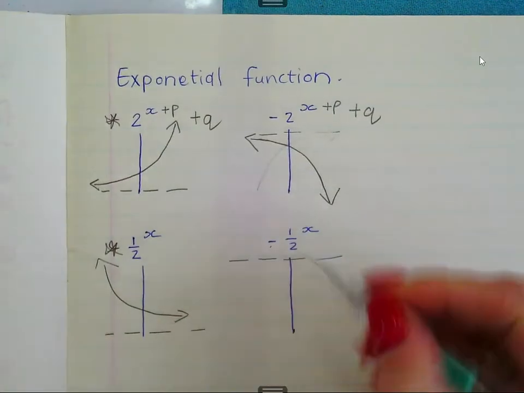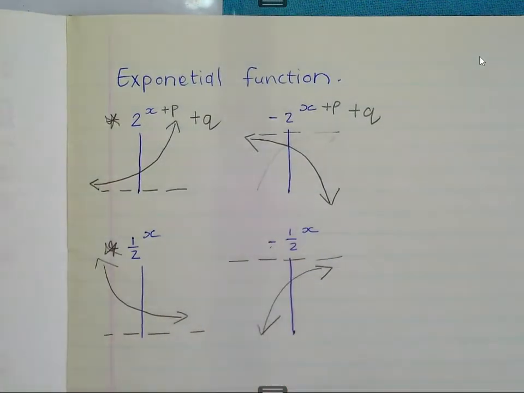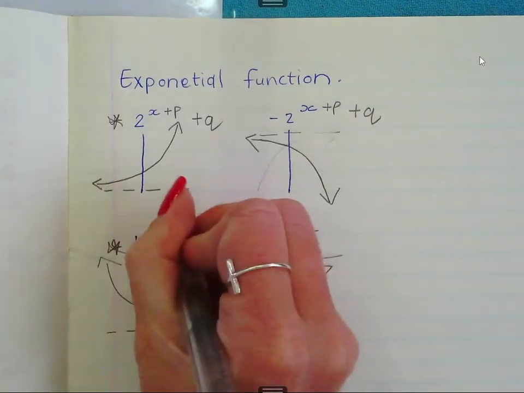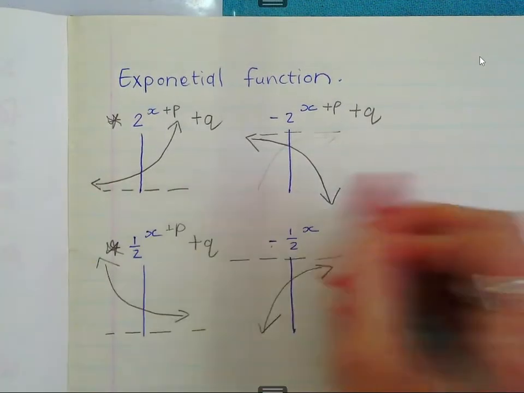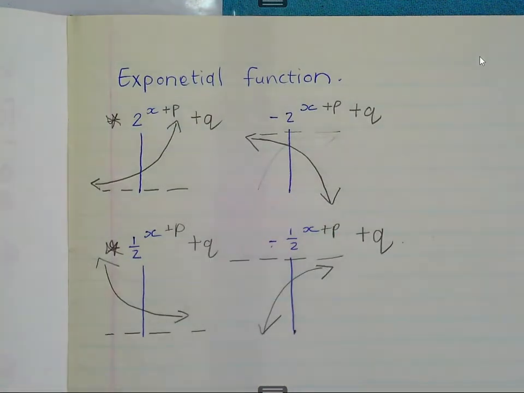This one reflected will look like this. And this can be plus P and plus Q as well. Now there's one more trick I just want to make you aware of.